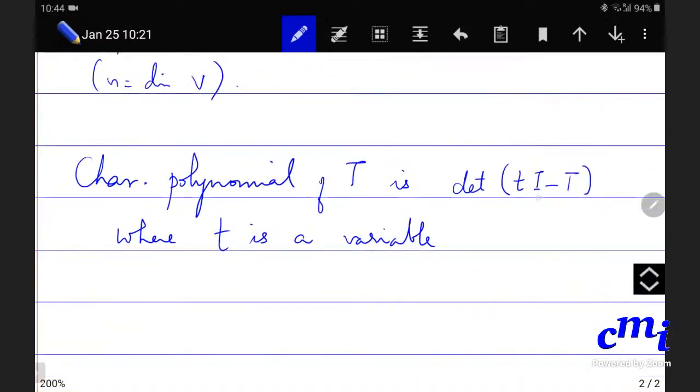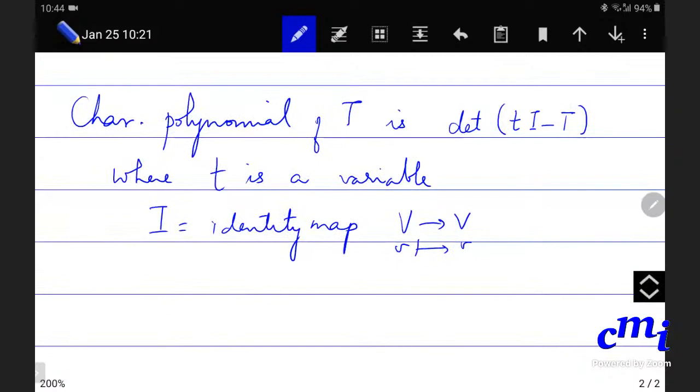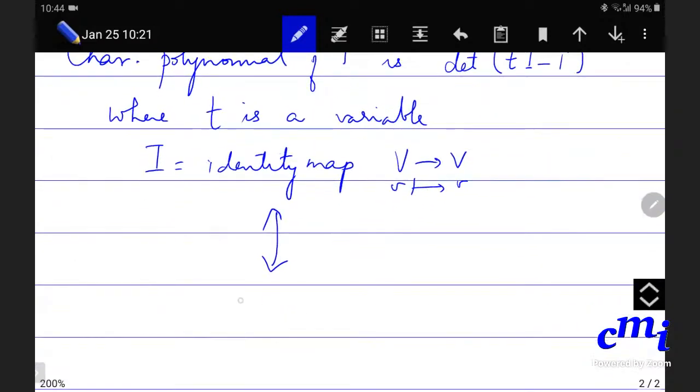So what does this mean? I here is the identity map from V to V. In other words, an element of V goes to itself. So that is a linear transformation, and it corresponds to the identity matrix in any basis.